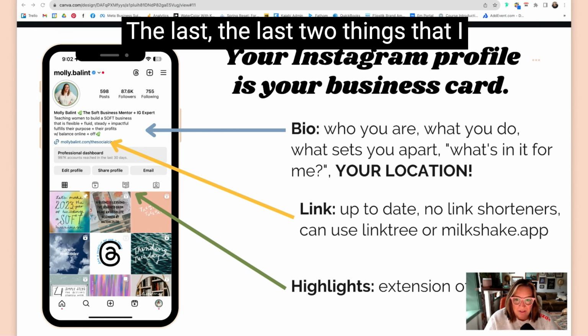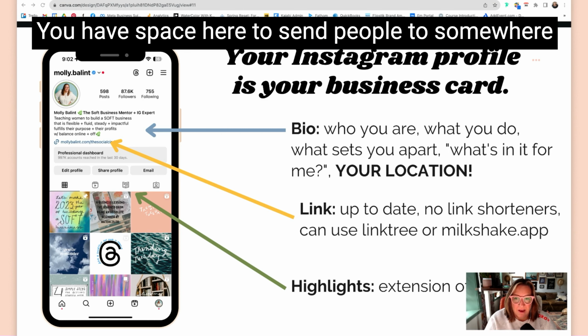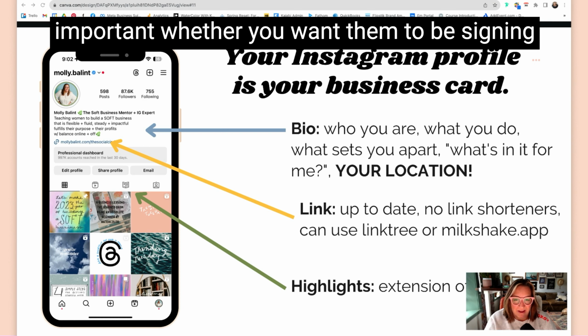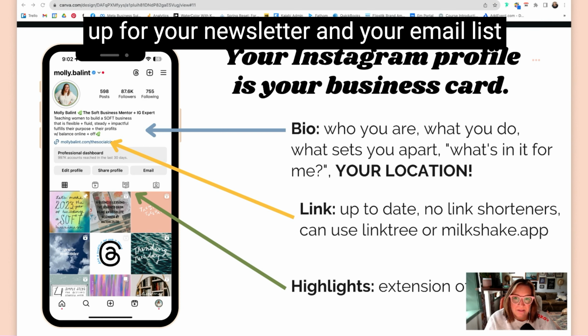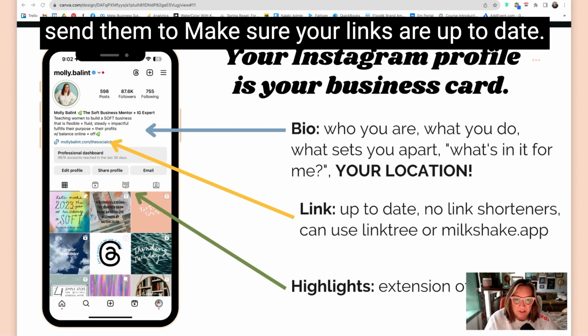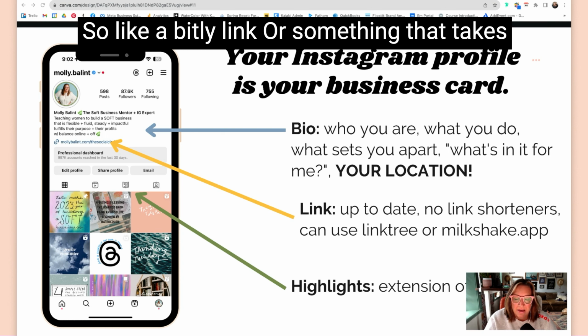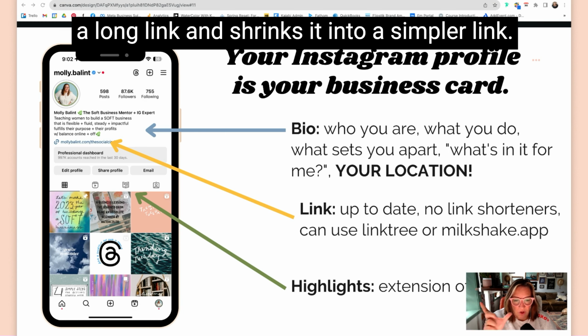The last two things that I want to tell you about are your link and your highlights. You have space here to send people somewhere important, whether you want them to sign up for your newsletter and your email list, or you have a website that you want to send them to. Make sure your links are up to date. Make sure that you don't use any link shorteners, like a bit.ly link, something that takes a long link and shrinks it into a simpler link.